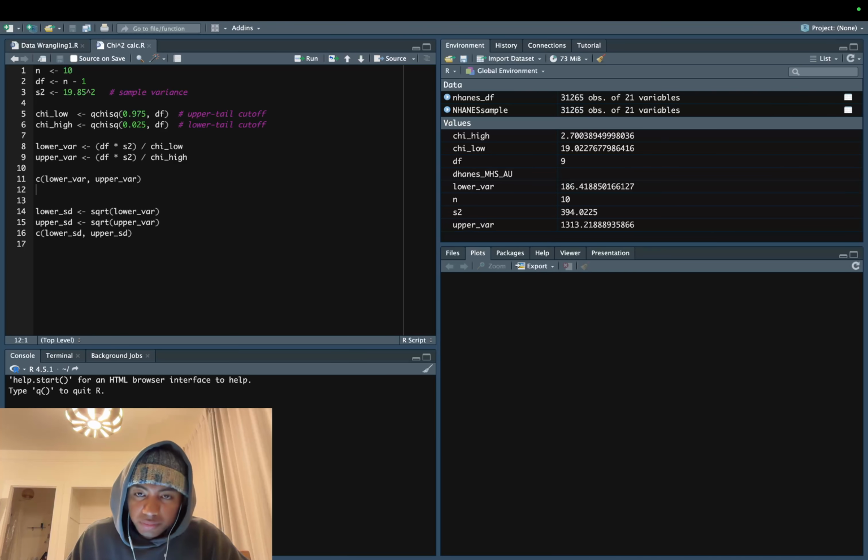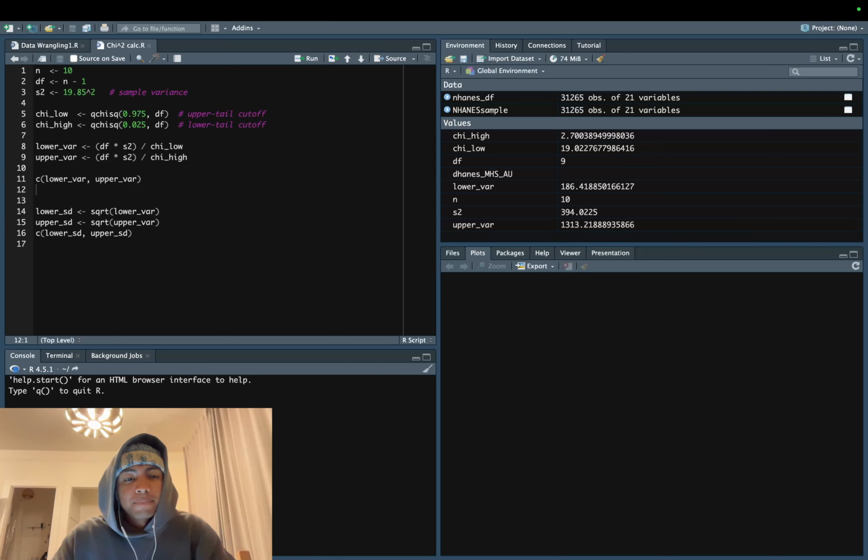Let's do 0.023 and 2.70. And that is equal to, and give me a second, everybody. I'll show you my screen in one second. Thirteen point.